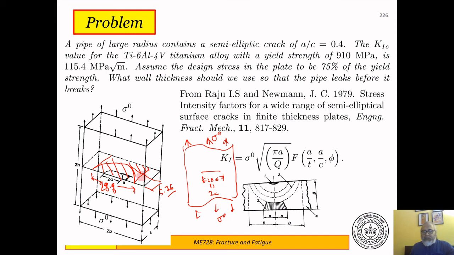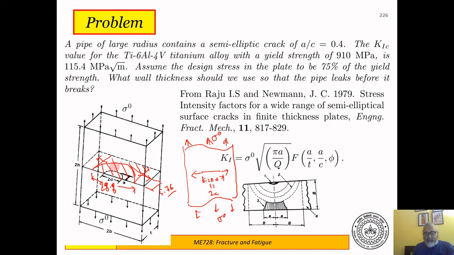Now once it forms the through crack, if it is able to grow in this direction, that means if this Griffith crack can grow catastrophically in this direction, then we have not satisfied the leak before break criteria, because as soon as the crack reaches 80% of the thickness, it will start growing sideways, and will cause failure along the length of the cylinder.